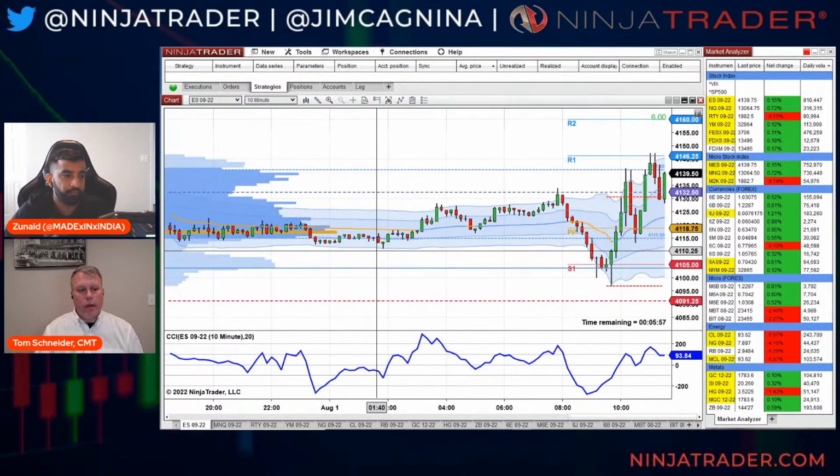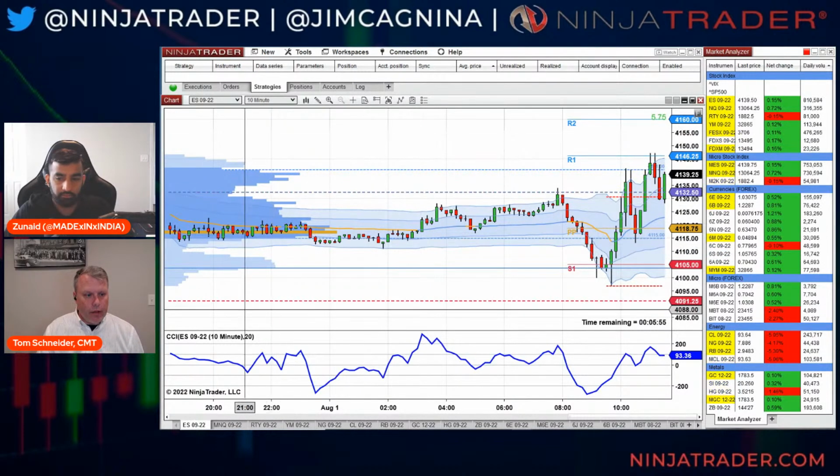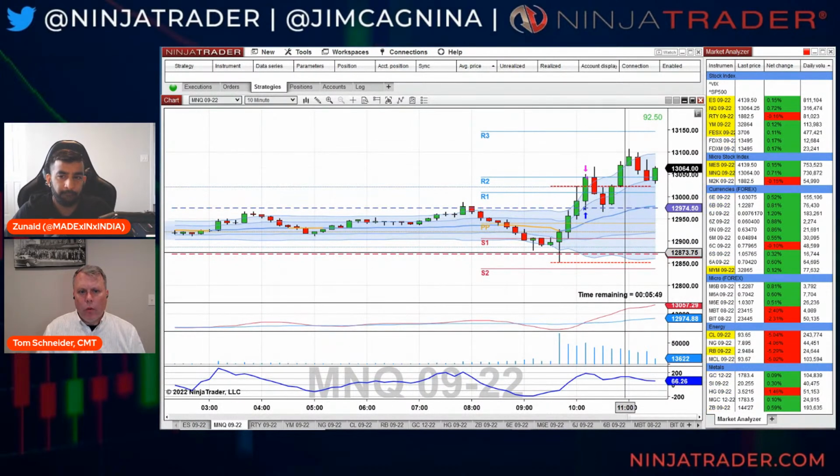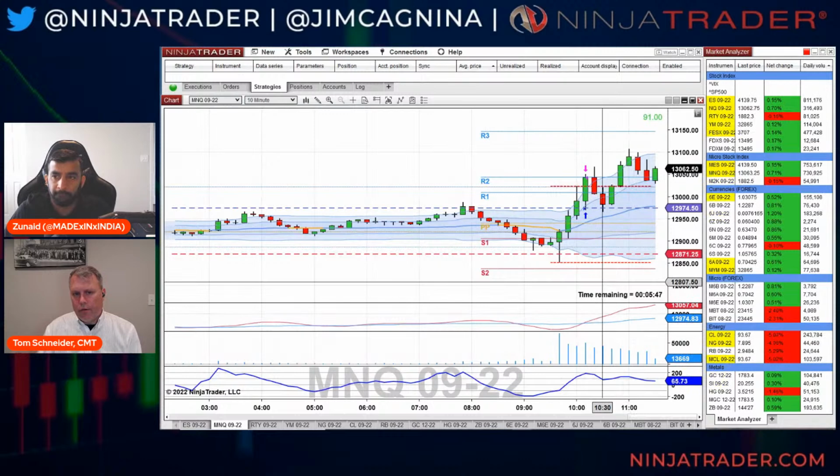Right. So in this chart, I'm looking at the E-mini S&P. Let's take a quick look at NASDAQ because that might be interesting. What I like to see are what levels are important. There are the pivot levels we've talked about, and pivots for me are really guides to where the market could go. I'm not always trading them in a sideways market.